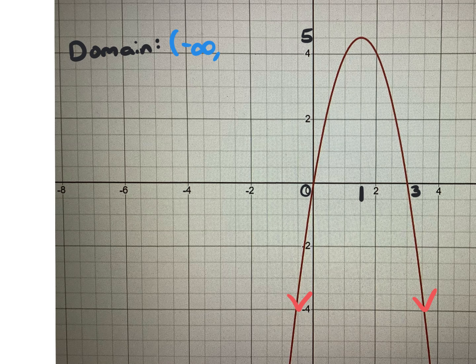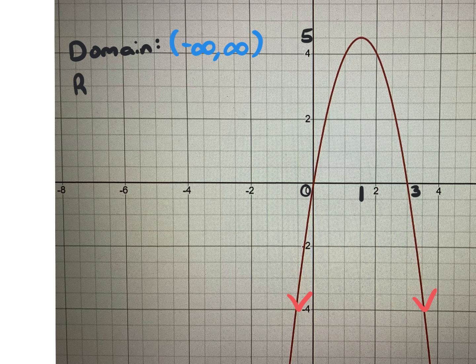What is my highest x value? Coming to the right, I hit infinity again, right? It is kind of deceiving because it's just going down and it feels like it stops here. But as it keeps going, this graph is going to continue going in that direction.